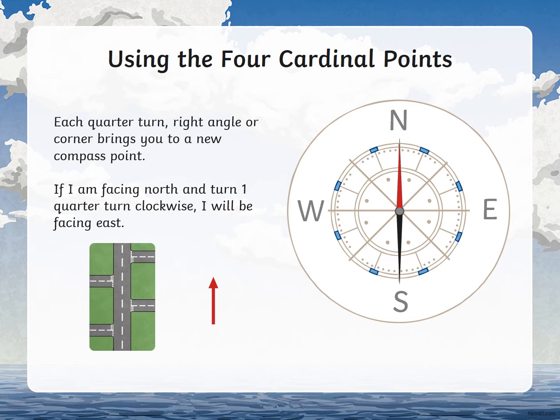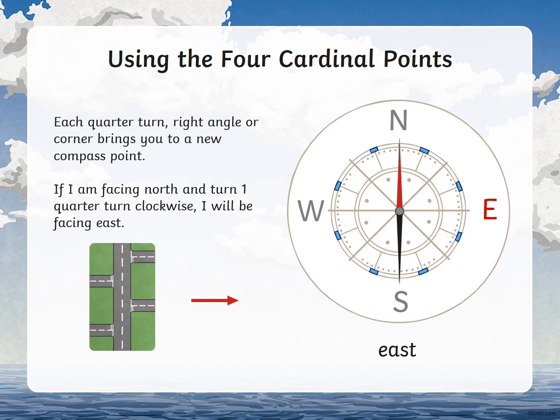If you look at the clock in school, or if you've got a clock at home that has got hands, when the hands are turning clockwise, that is when the clock hand is moving around the clock face. Anti-clockwise is just the opposite way to the left. So watch the arrow in the bottom left-hand corner as it turns. So it's turning clockwise, just like the hands on a clock. And if you start facing north, you would then end up facing east.